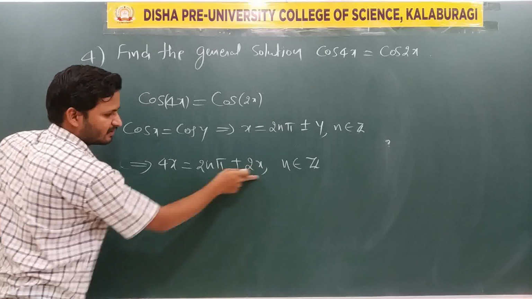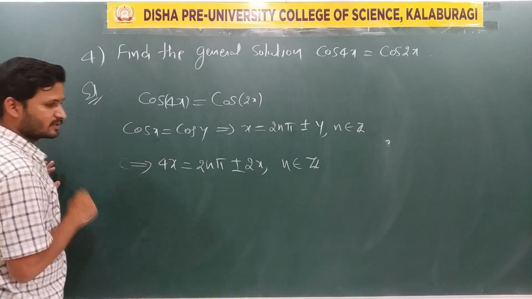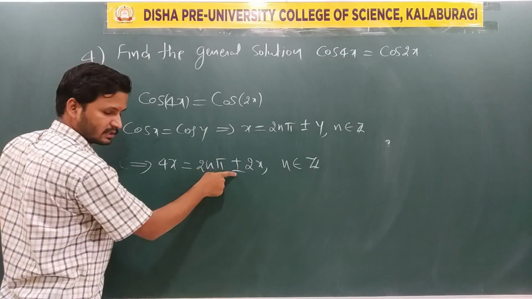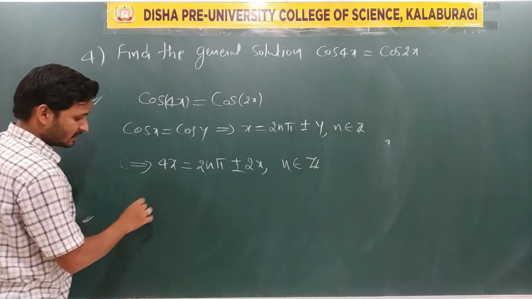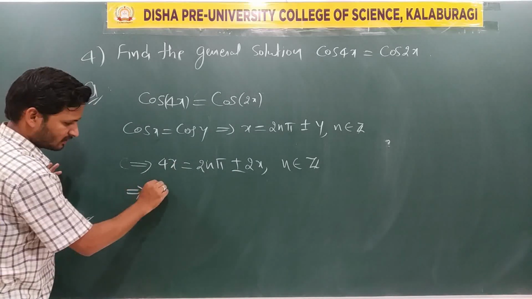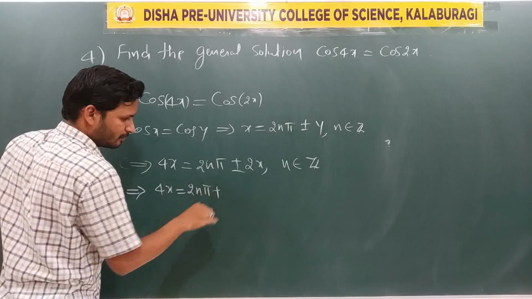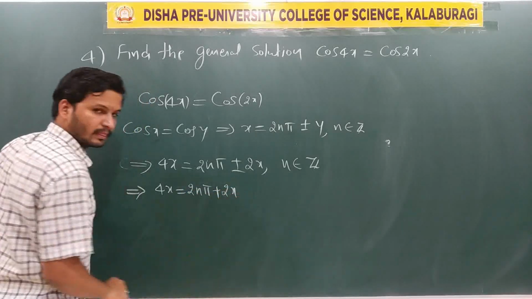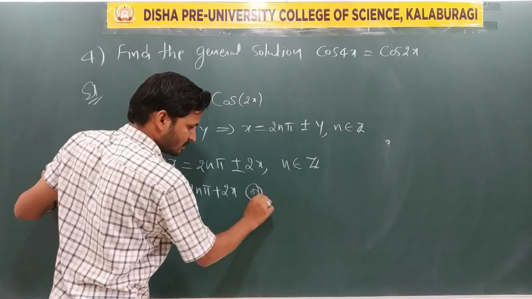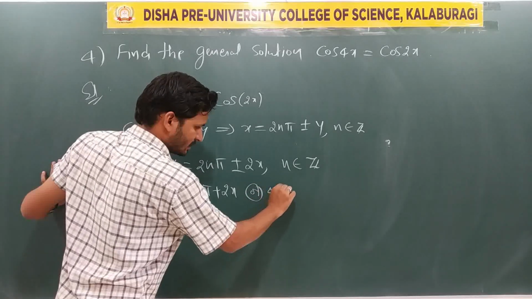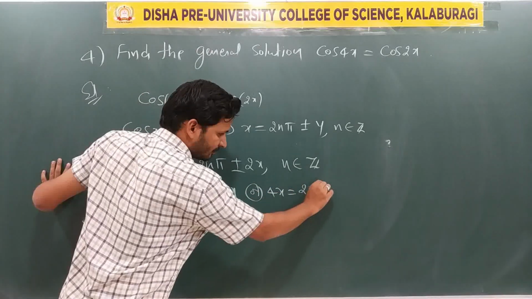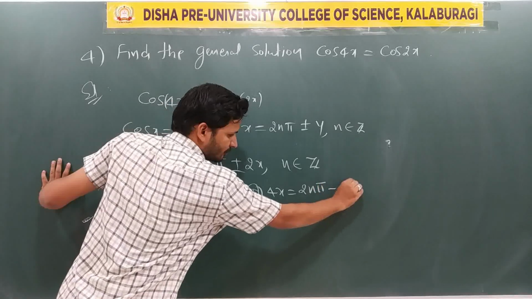To simplify this, two possibilities are there, one plus and another minus. So this can be written as 4x equals 2n pi plus 2x, or 4x equals 2n pi minus 2x.